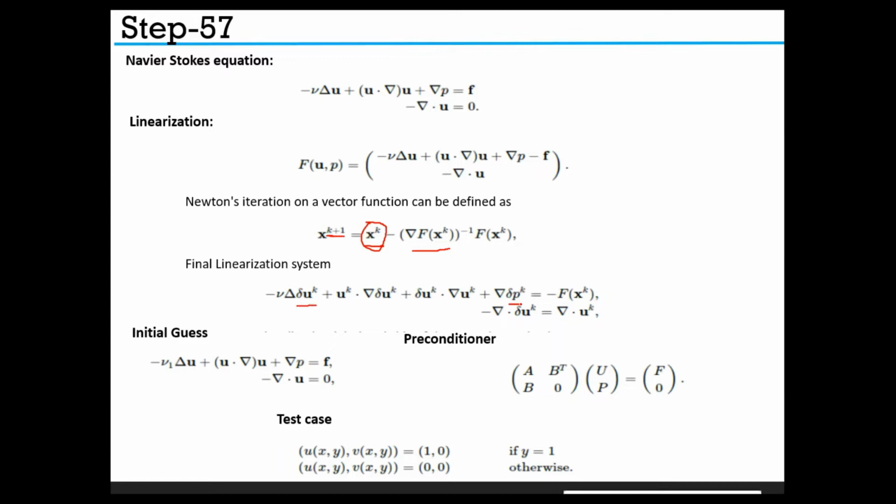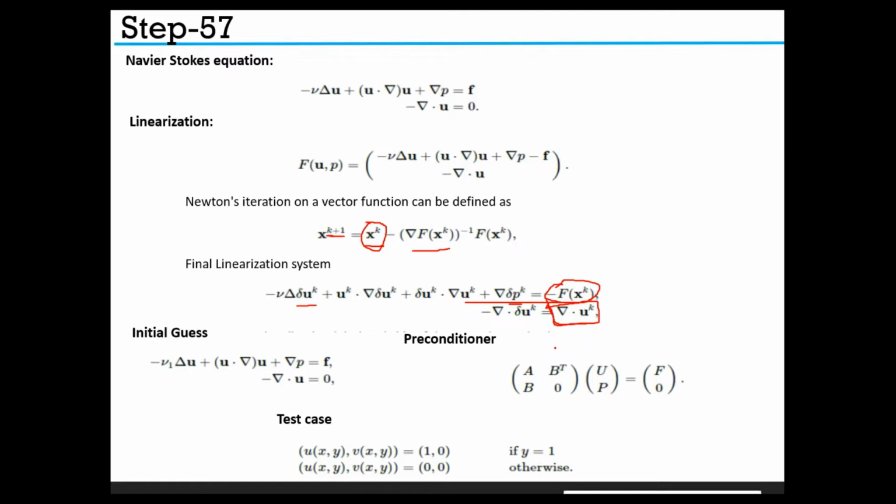Additionally, the right hand side of the second equation is not zero, since the discrete solution is not exactly divergence free, and the right hand side acts as a correction which leads the discrete solution of the velocity to be divergence free along Newton's iteration.